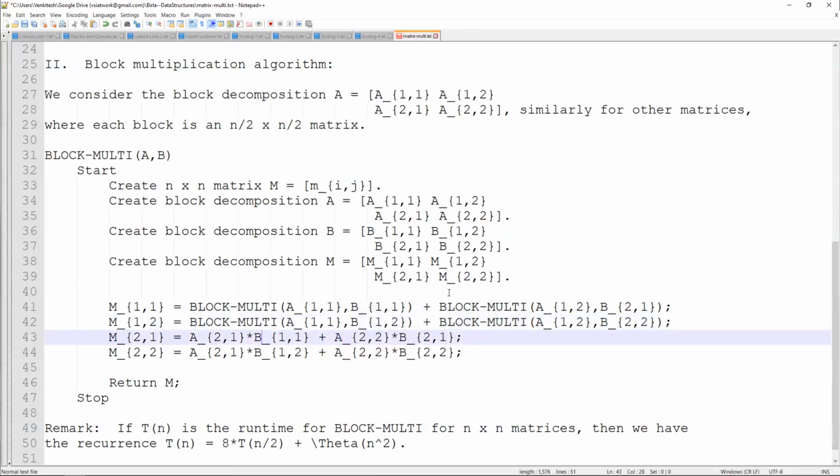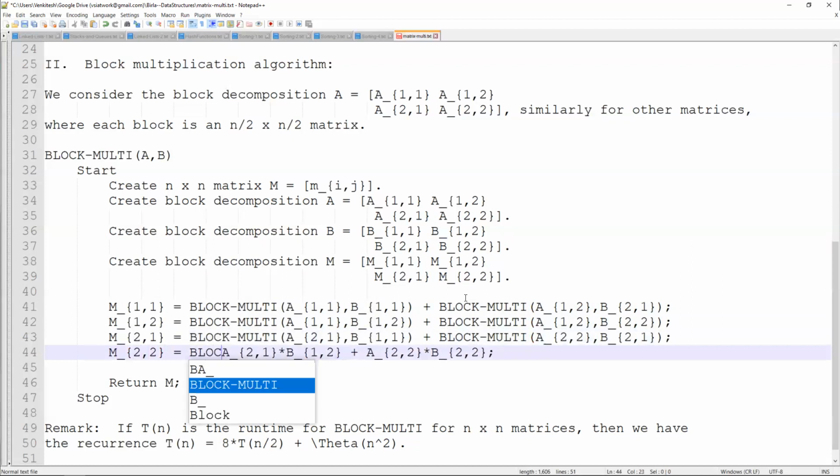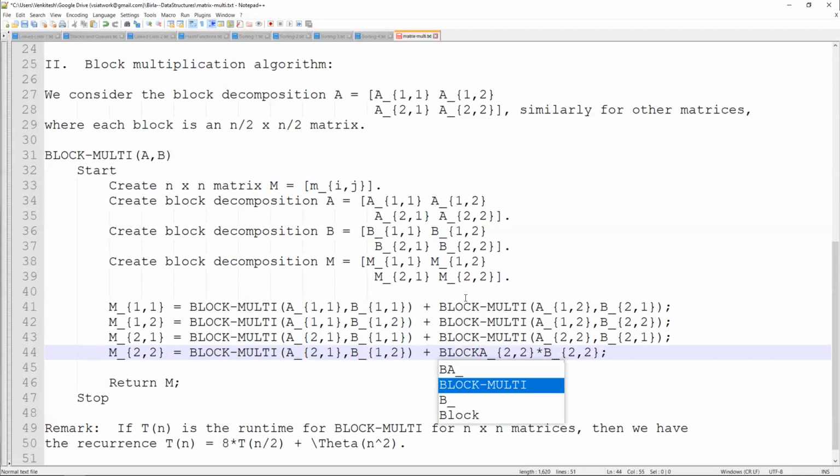Recursion for the remaining ones also in the same way. Okay, now it's complete. Right?